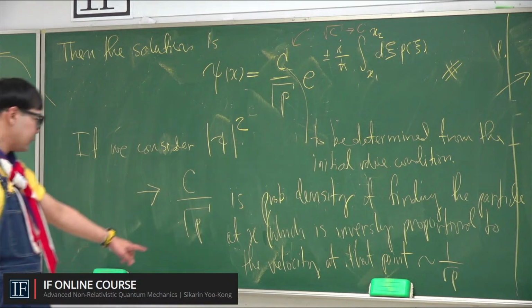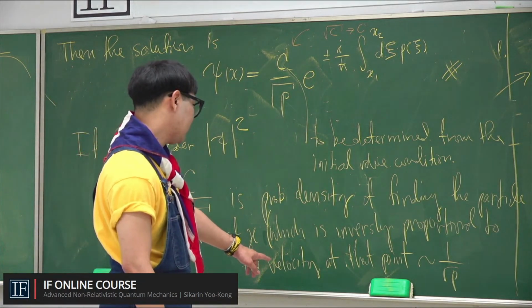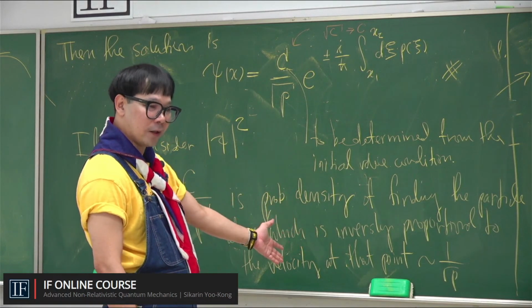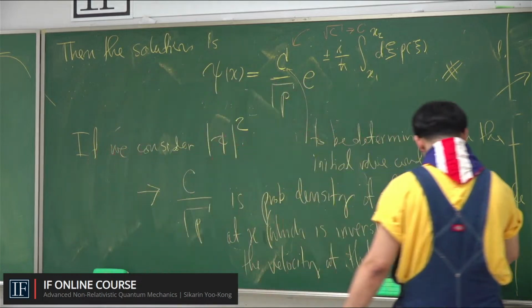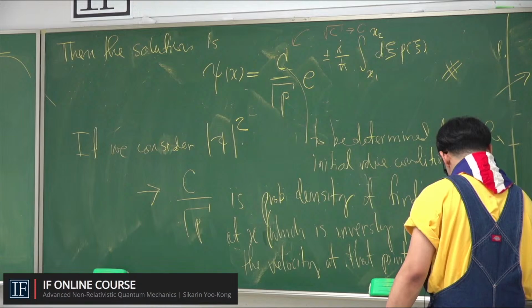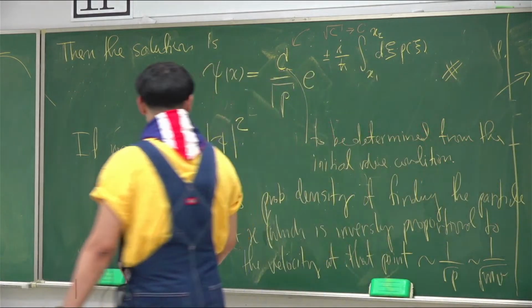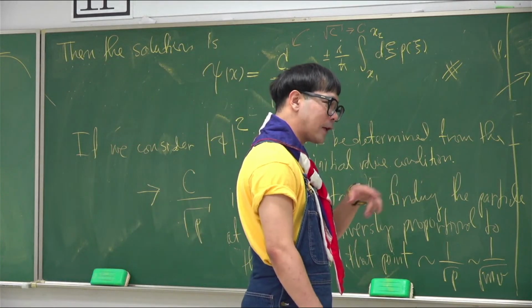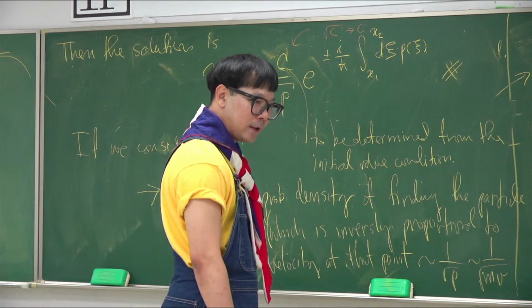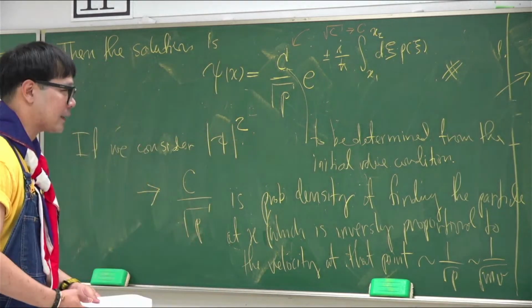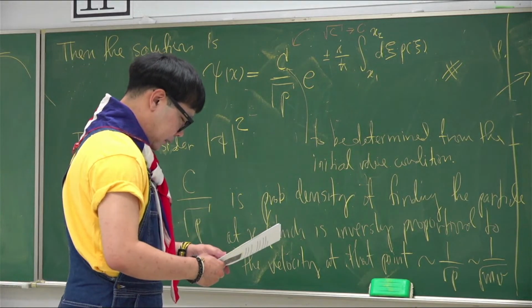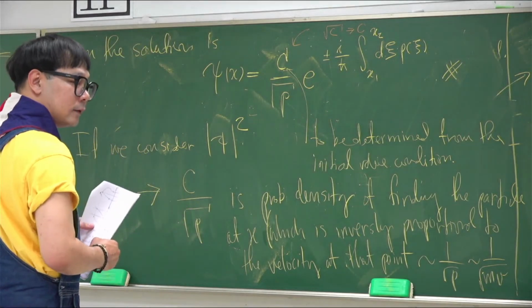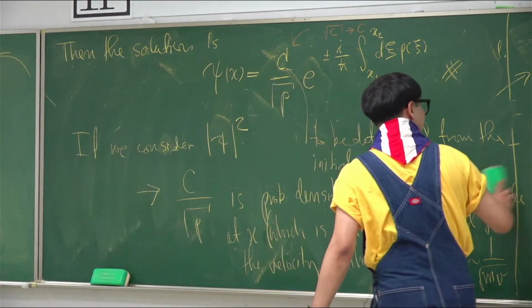Because the p is equal to mv, right? That is the reason why. You may have heard that classically the probability of finding your particle is inversely proportional to the velocity. Yeah, this is a proof of that classically, right? Okay, up to here are we good? Yes, of course. Okay, and let's continue.